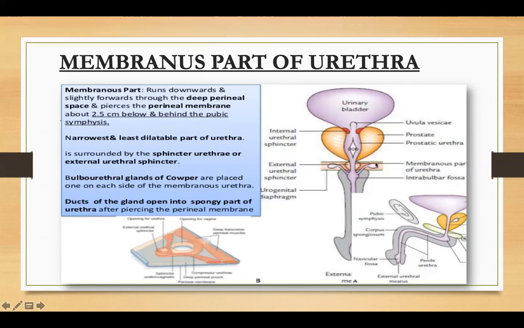Bulbourethral glands of Cooper. Ducts of the glands open into the spongy part of the urethra after piercing the perineal membrane. तो ये जो glands है ये situated है both sides of the membranous urethra, लेकिन open कहाँ जाके हो रही है? Spongy part of the urethra में जाके open हो रही है. So the membranous part of the urethra is the narrowest and least dilatable part of the urethra.